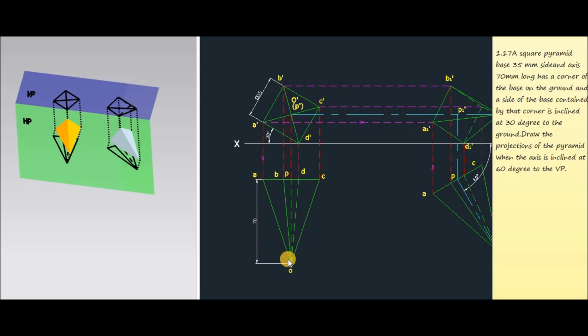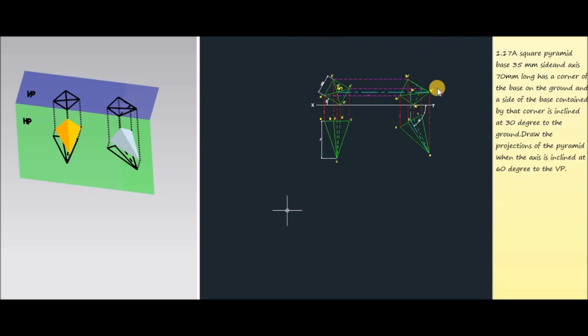Now mark a point 70 mm from the base side. So we can mark the vertex O here, then mark all the base corners here A, B, D, C, etc. The center point will be P. Now join all these corners. This one represents the view corresponding to the 30 degree inclination of the base side with the horizontal plane.